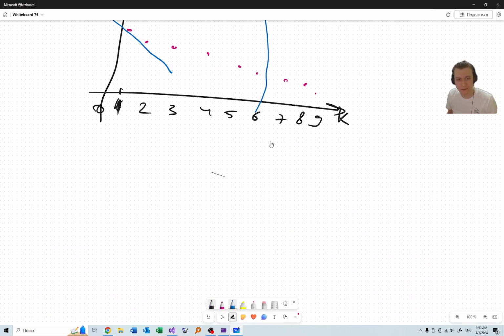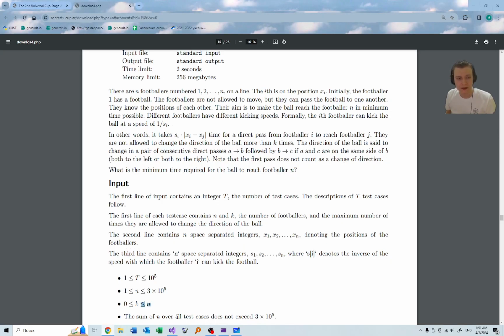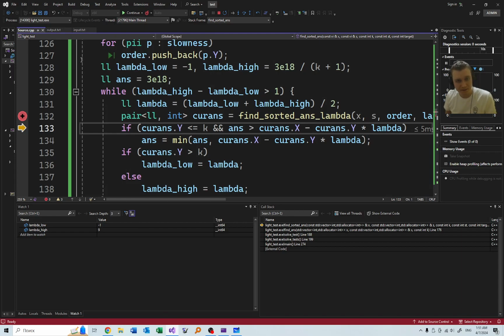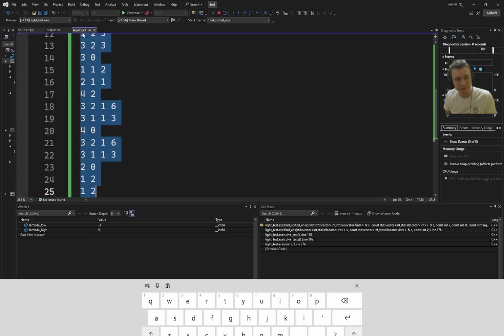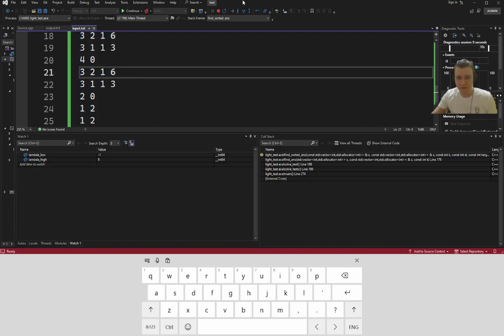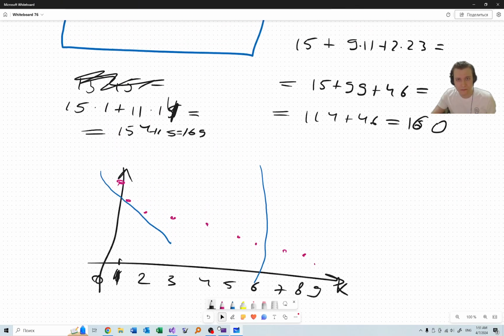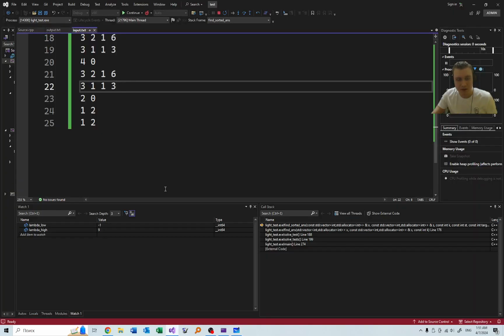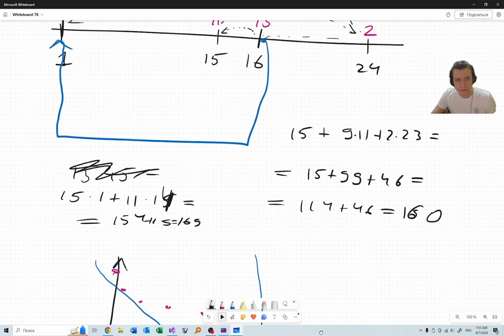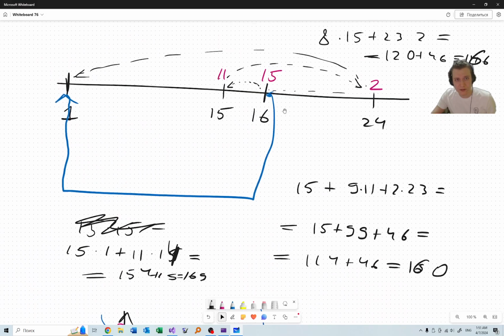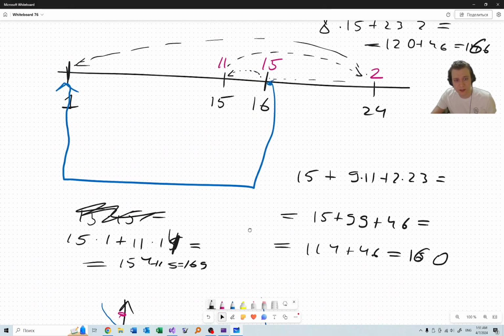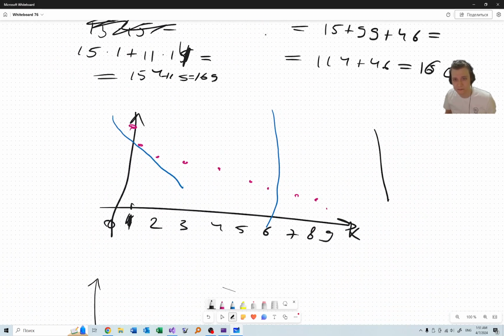Okay, so for 0, when we don't want anything, we just go to the left and it becomes 169.